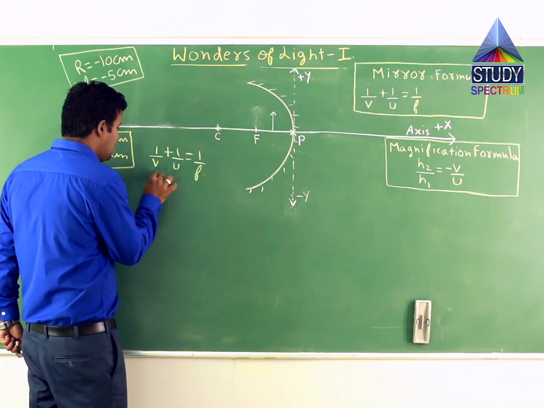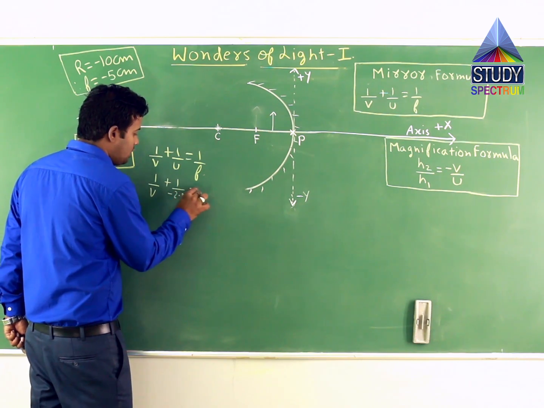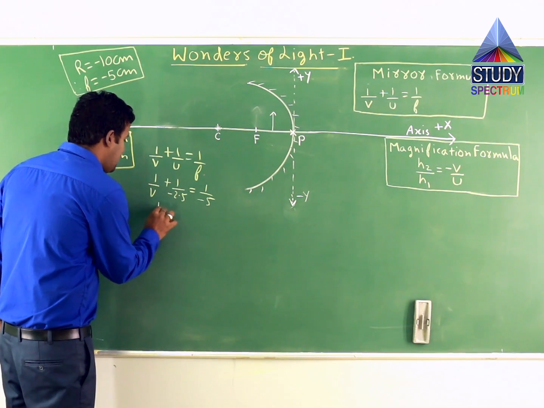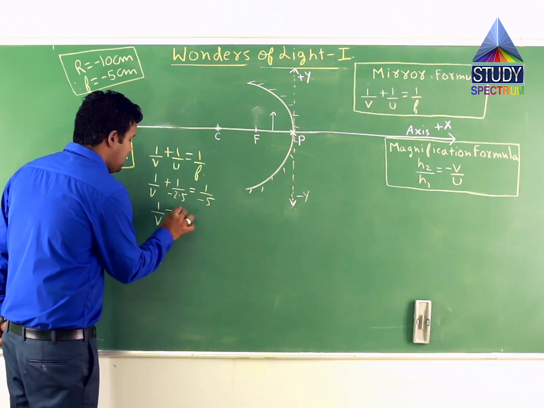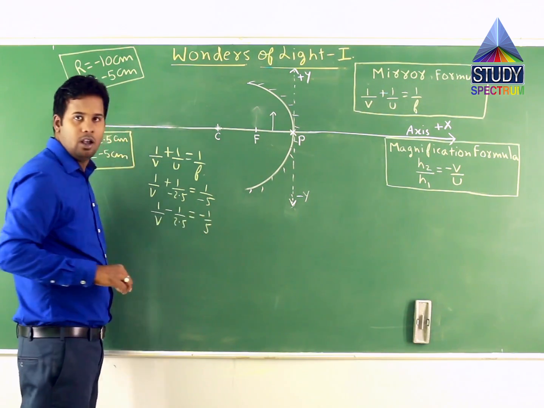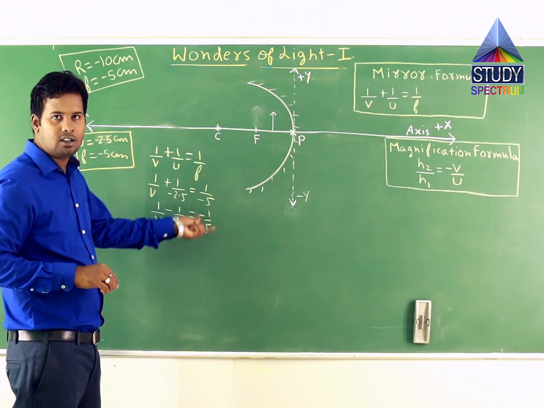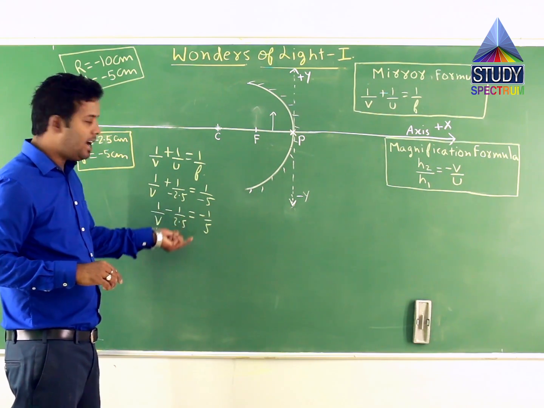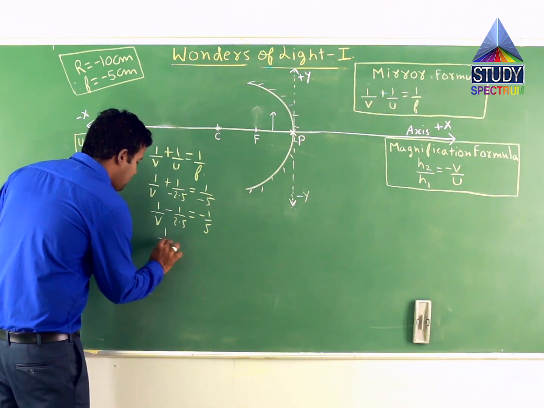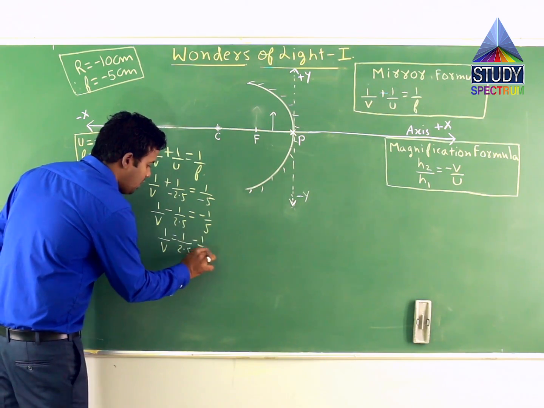So this equation becomes 1 by v plus 1 by minus 2.5 is equal to 1 by minus 5, which can be properly written as 1 by v minus 1 by 2.5 is equal to minus 1 by 5. Now if I take this negative value, minus 1 by 2.5, to the right hand side, it will become positive. And I will write the positive term first on the right hand side and then the negative term. So this equation becomes 1 by v is equal to 1 by 2.5 minus 1 by 5.